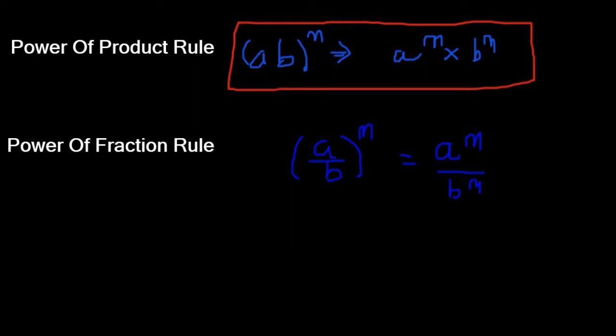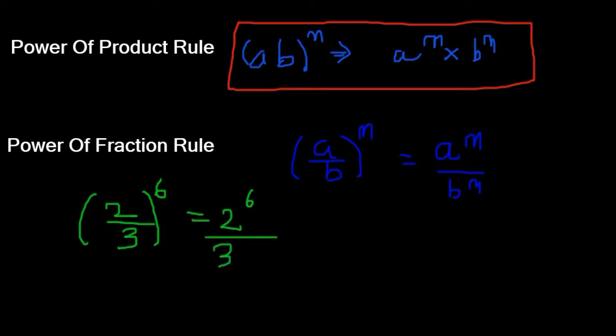Now let's look at an example. Let's say 2 by 3 the whole power 6 is there, so we can write 2 power 6 divided by 3 power 6. Then according to the question you can do some other calculation and you can simplify too. I hope that you know how to simplify that.